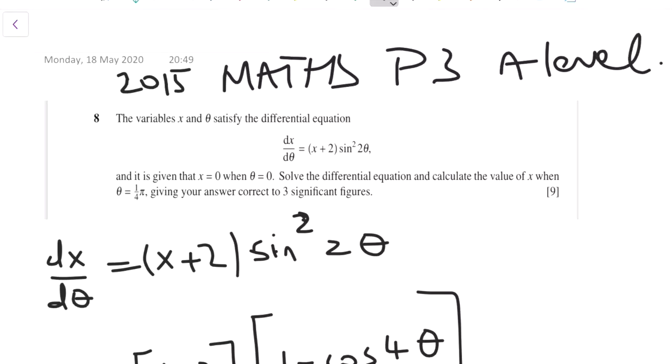Okay, so we have a classic differential equation to solve, and we are given that dx/dθ equals (x plus 2) sine squared of 2θ. So when you see a squared trigonometric function, you should immediately start thinking about identities. And we're given a boundary condition, so remember, if it's first order, then we need one boundary condition.